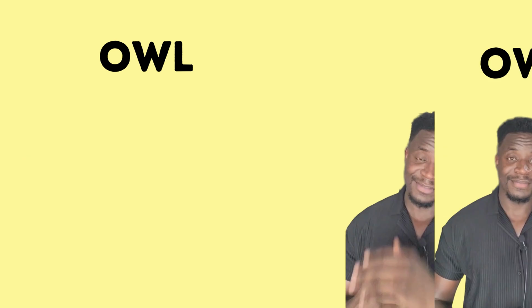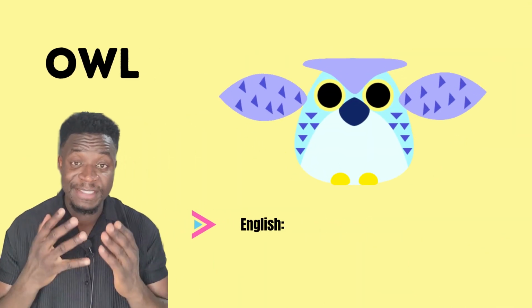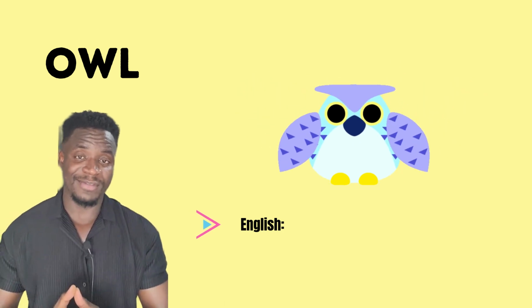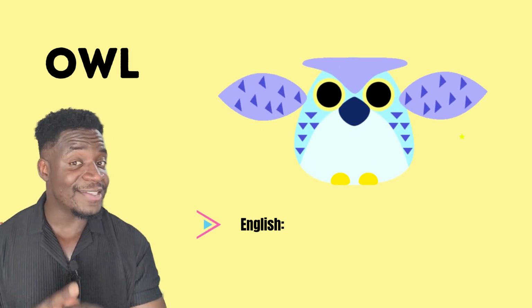So an example word could be owl. Can you say it with me? Owl. So right here, you see an owl. So let's make example sentences with the word owl. Are you ready for that?